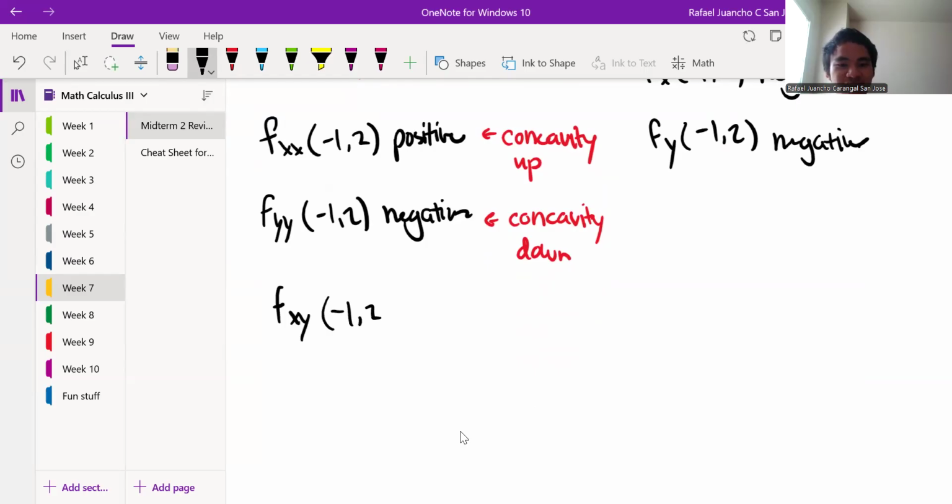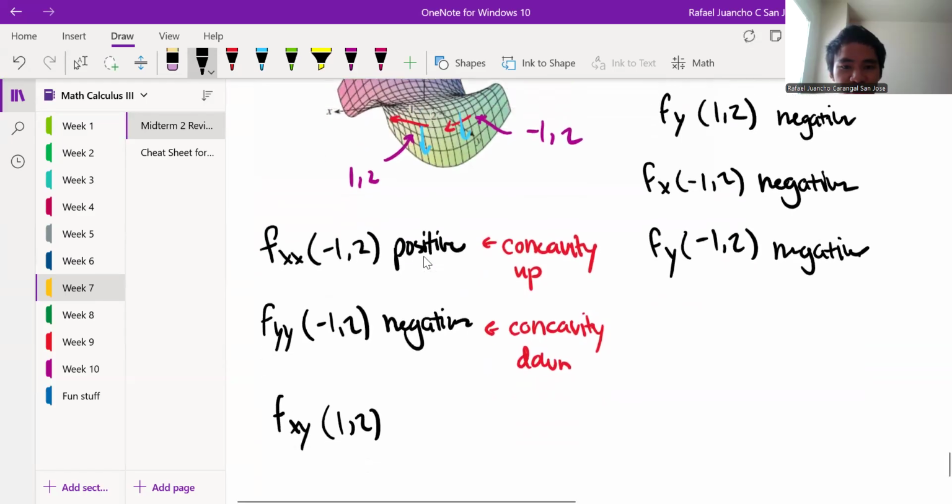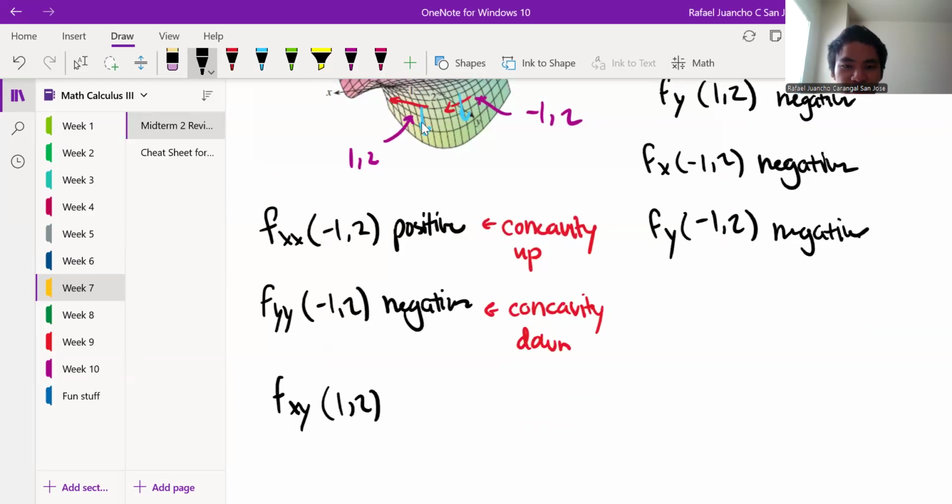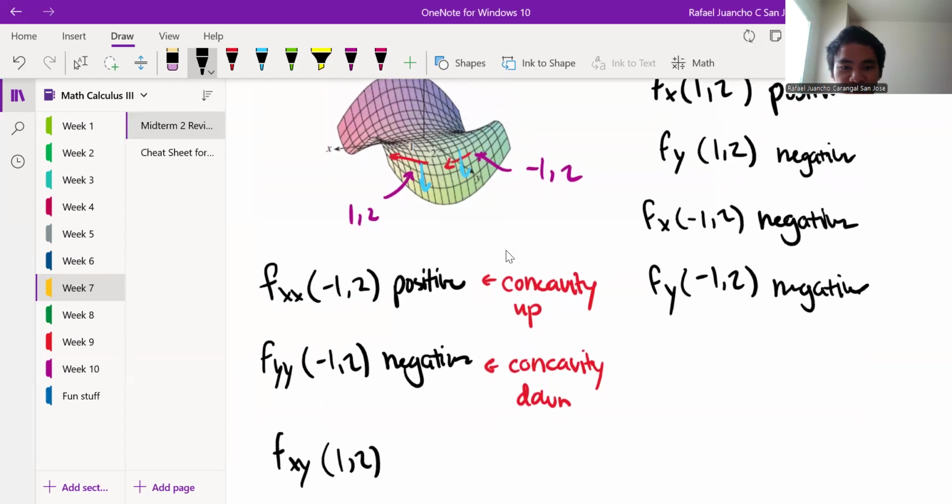Now we're getting a bit more tricky, because even I can't solve this at first try. When I look at this point, I look at my y. My y is going down, which is negative, so f sub y is negative. Now when I take its derivative again in terms of x, what if I move this in the x direction?